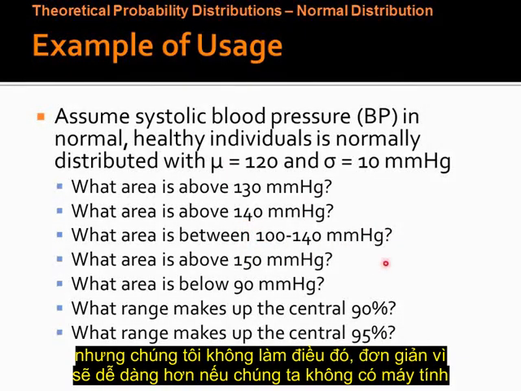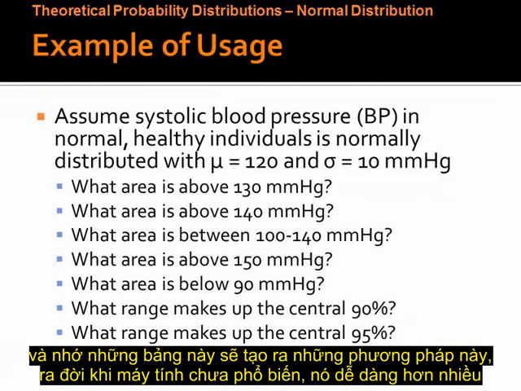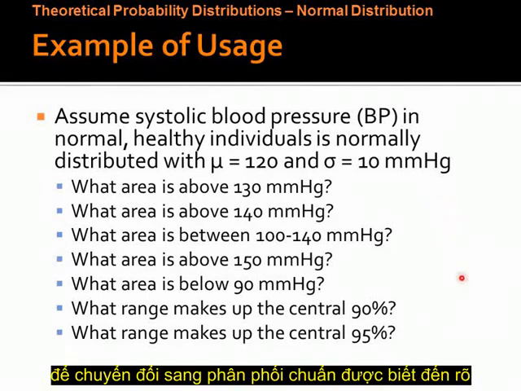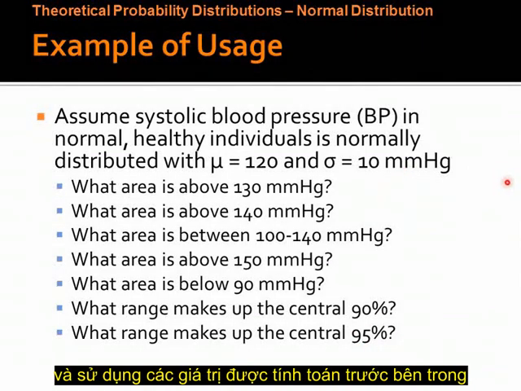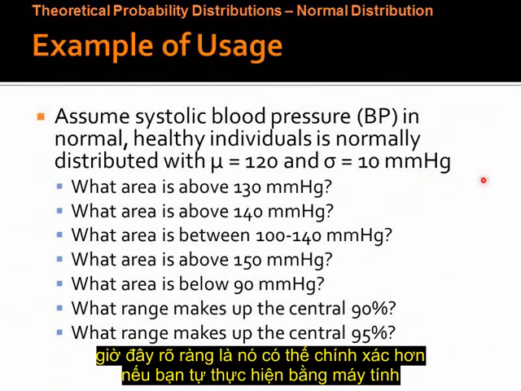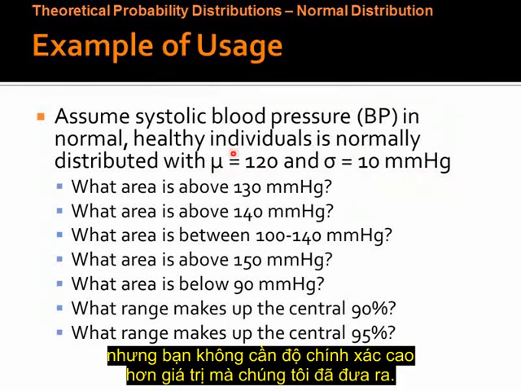But we don't do that simply because it is easier if we do not have a computer. And remember, these tables and practices came about when computers were not so widespread. It is much easier to convert to a standard distribution which is well known and use the pre-calculated values inside there, right? Now obviously it might be more accurate if you do it yourself by computer, but usually we do not need such high accuracy when we come up with our values, right?